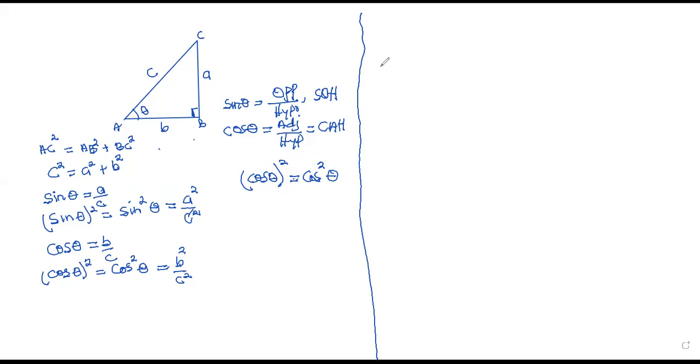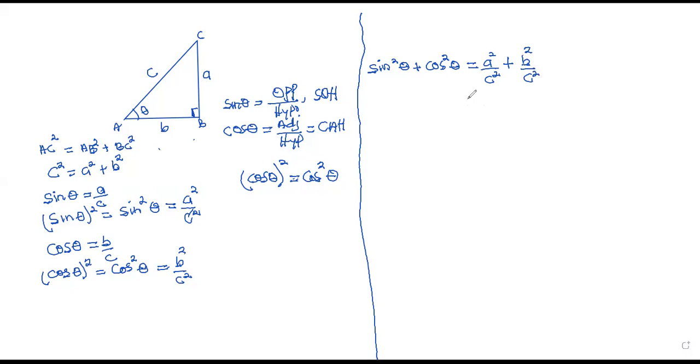Now, let's add sine squared theta and cos squared theta. When we add this, we have A squared over C squared plus B squared over C squared.